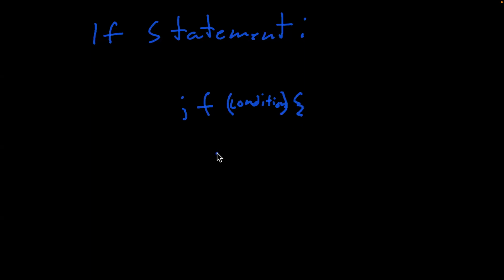So I'll indent here. And does anything go in here? Whatever you want the if statement to execute if the condition is met. So we can say do something here. Whatever we want to do is going to go inside this area in the if statement.